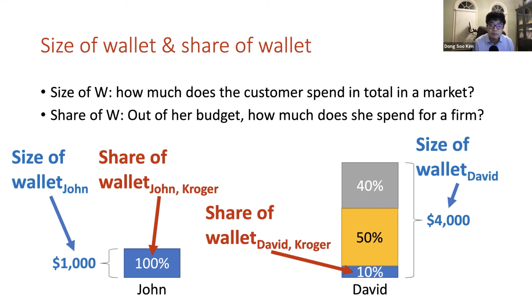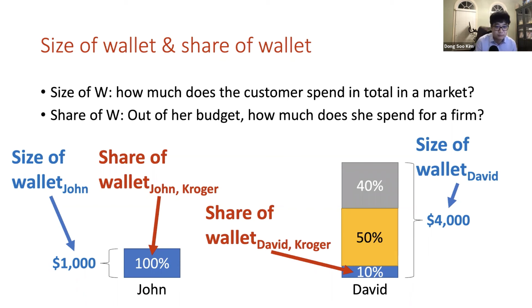This example implies that a customer's profitability can be decomposed into two components. One is size of wallet, which is the amount of money spent in total in a market. The other is share of wallet, which is, out of the budget spent, how much the customer spends for each firm or each brand.